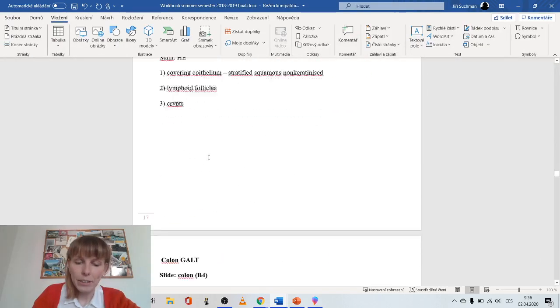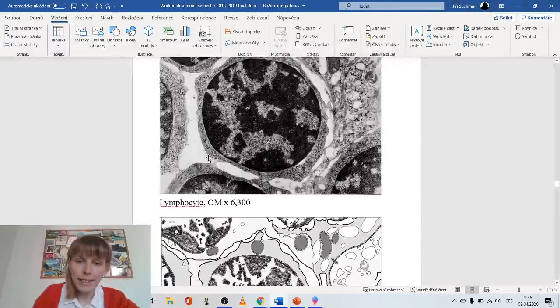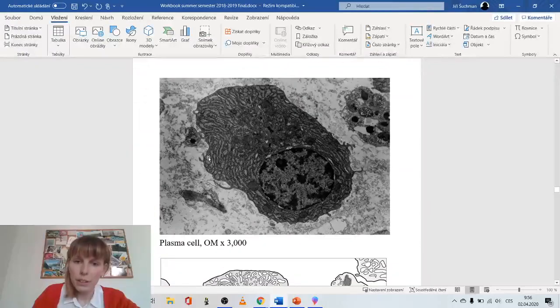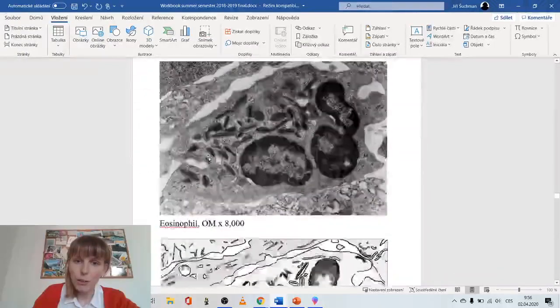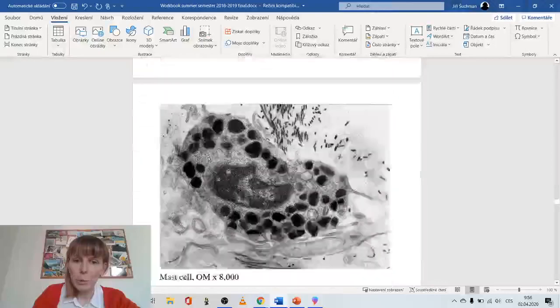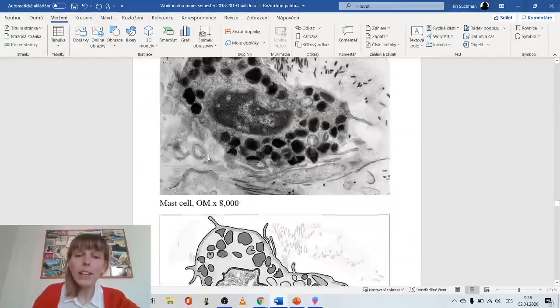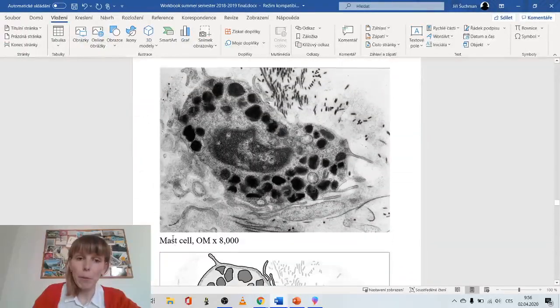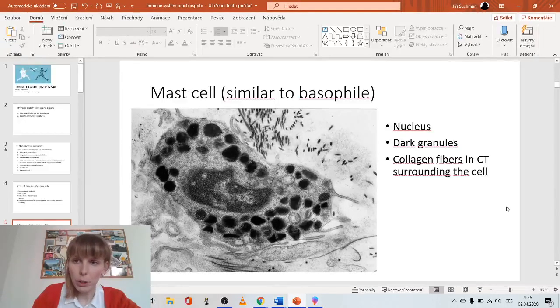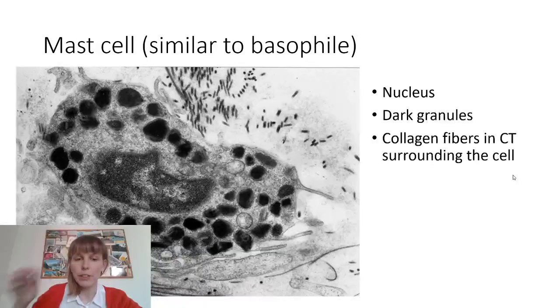at the end of the second lesson, you will start seeing these pictures from electron microscope, and one of them, the last one, will be the mast cell. So let's just quickly talk about this one. So mast cell, you can find it in your workbook, and I also have it here in the presentation.